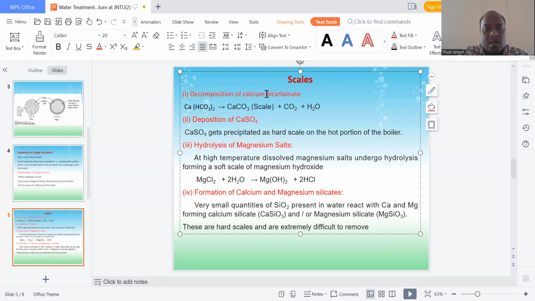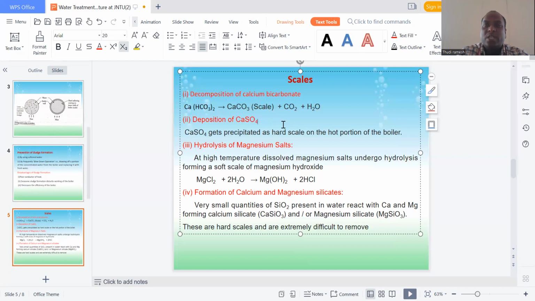And then the deposition of calcium sulfate. Calcium sulfate is a permanent hardness causing salt. Calcium bicarbonate is a temporary hardness causing salt. Even the permanent hardness causing calcium sulfate, if it is present inside the water, is going to precipitate as a hard, sticky precipitate along the inner walls of the boiler material, especially on the hot portions of the boiler.